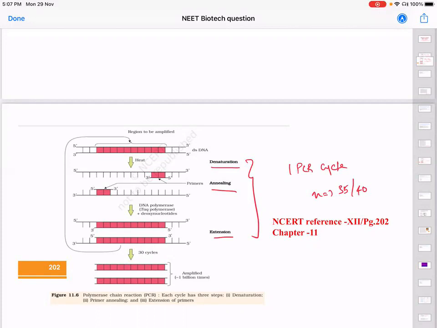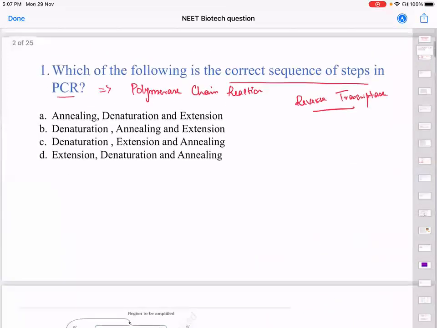So we tend to amplify a particular gene. Amplification means increasing its number, from one DNA to millions of copies. That's the reason why we call it a chain reaction. I hope you all know the meaning of reaction. It is a chain reaction, meaning a continuous reaction keeps happening, and this is done by the enzyme polymerase.